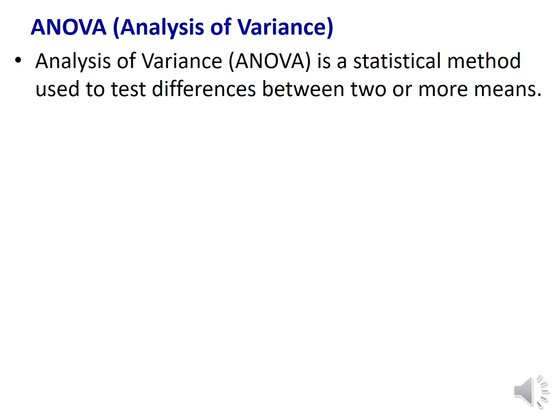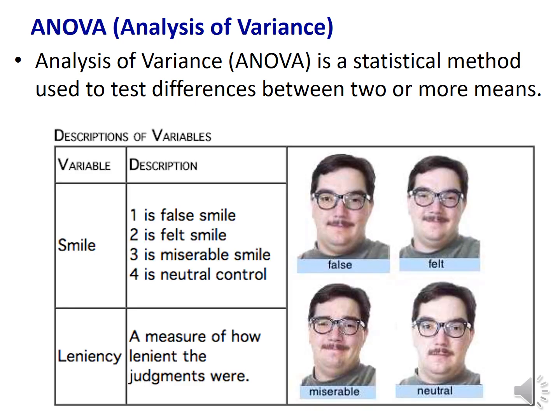So when we talk of analysis of variance, it is defined as a statistical method used to test differences between two or more means. Say, for instance, we would want to see if different smiles can impact leniency, a measure of how lenient the judgments were towards the person wearing the different smiles.